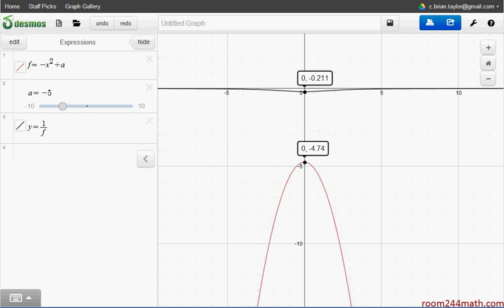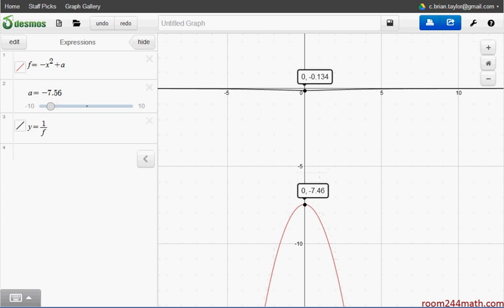This time though the reciprocal function is entirely negative, and the lower this is, for instance there when the a is negative 10, the maximum value of the parabola is when the y is negative 10, and the reciprocal of that is negative 1/10. And so the reciprocal function is not going to look that different from a straight line. It's going to have a tiny little deviation as we get closer to 0, and it's going to drop to a minimum of negative 0.1.